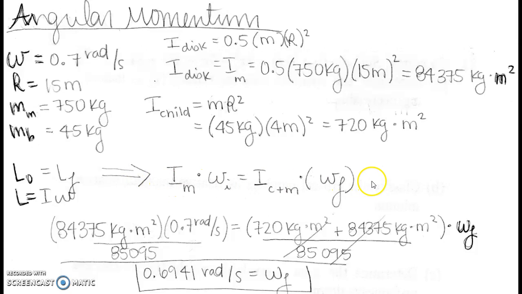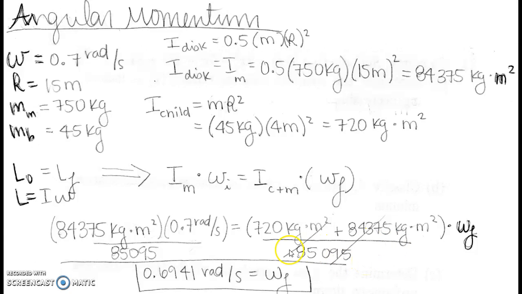Given this equation, we would plug all of our values in, and we want to know what the final angular speed is for the merry-go-round once the child jumps on. So we plug everything in, and these two numbers together add up to 85,095 kilograms times meters squared.